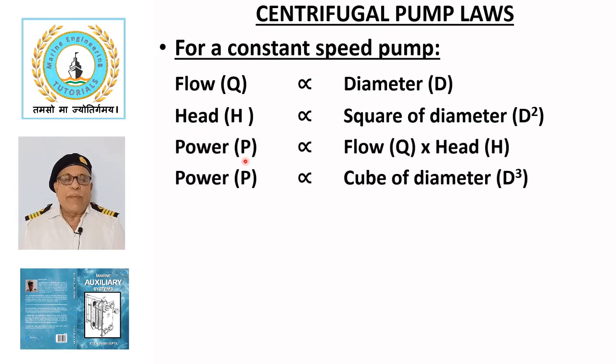Power P is proportional to flow Q times head H. As power required by the pump varies directly as the product of flow Q and head H, the power required by the pump varies directly as the cube of the impeller diameter.